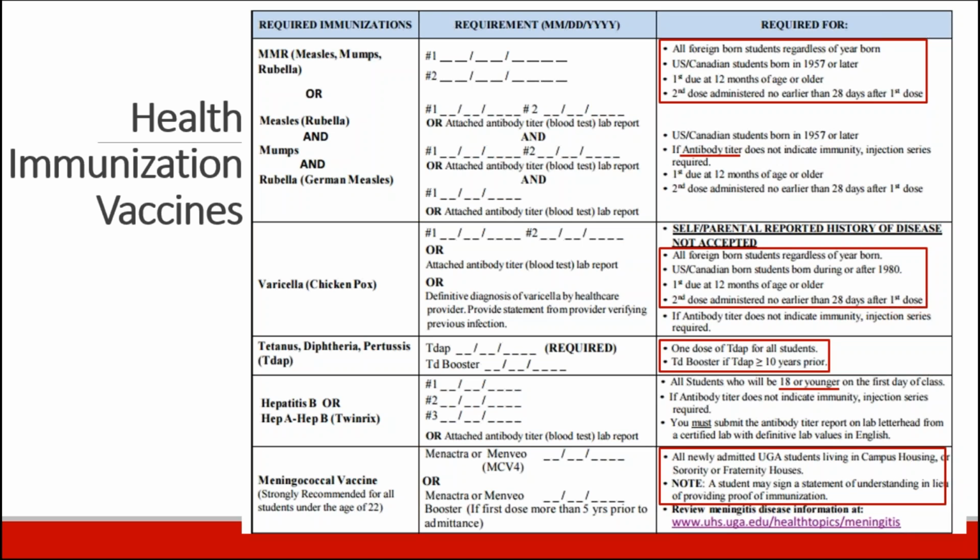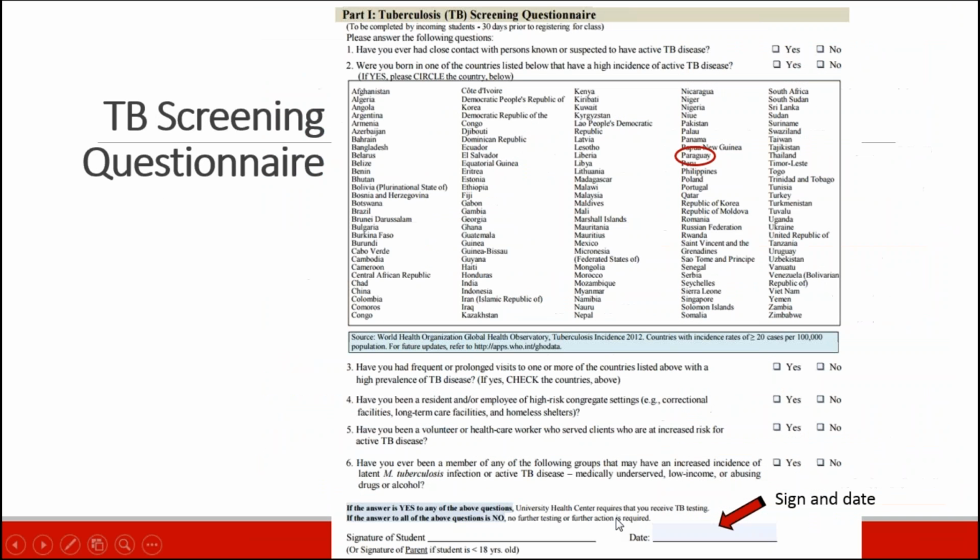Next, you will see the other required tetanus or Tdap, so that is also a requirement for you to do, and then the hepatitis B, as well as the meningitis. So just make sure to review these documents with your doctor and have them complete it with you.